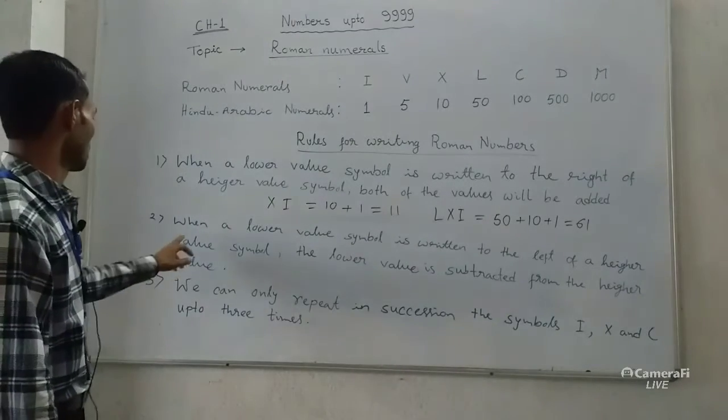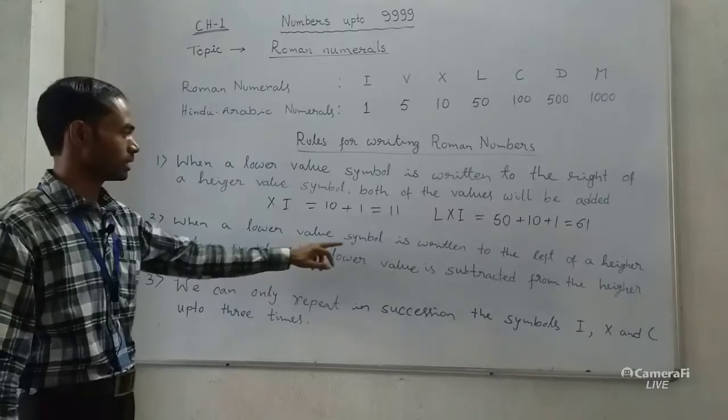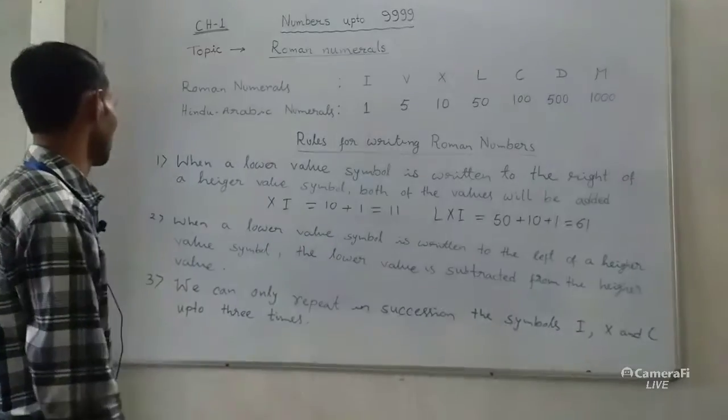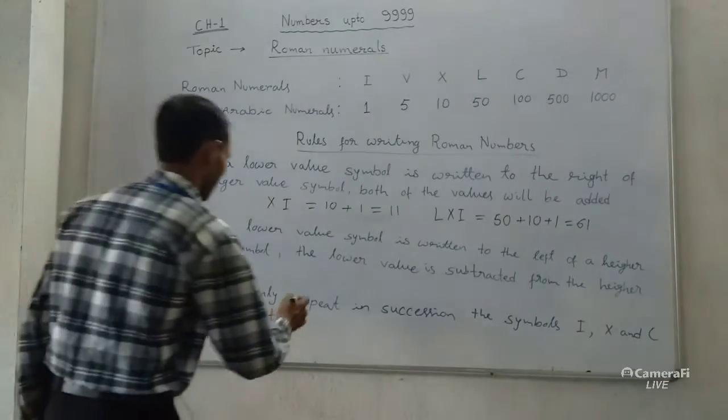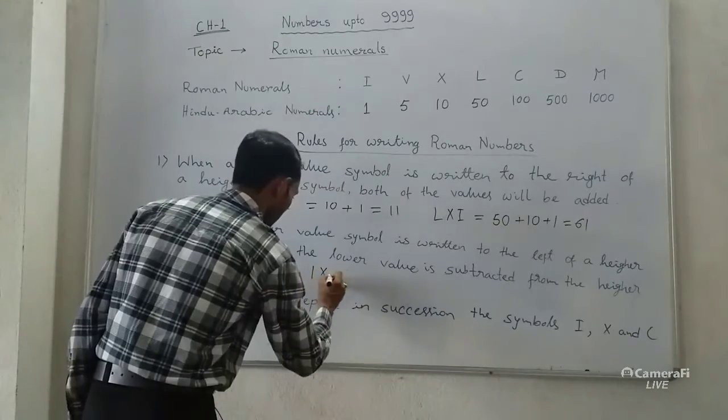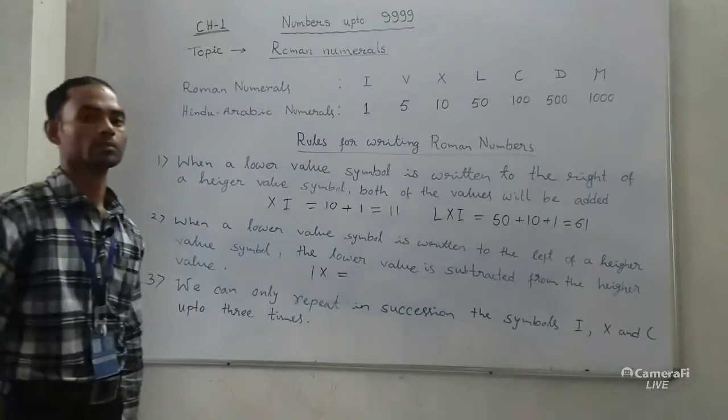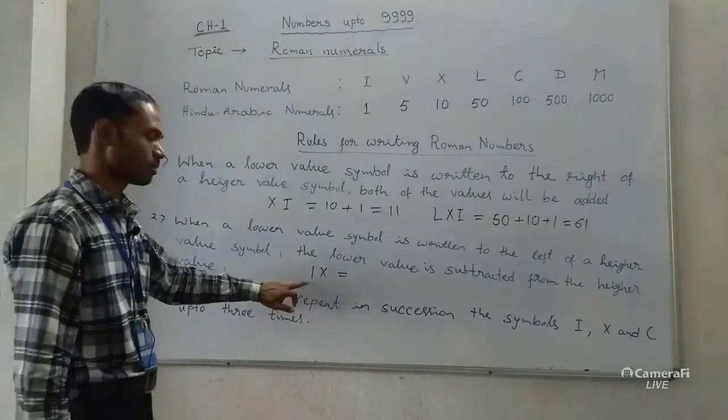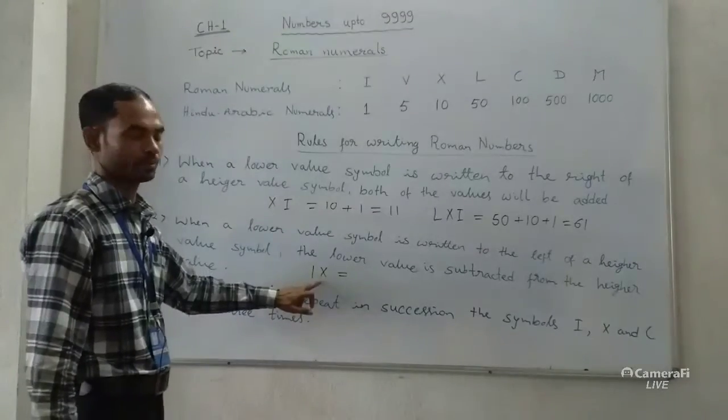Now rule number 2: when a lower value symbol is written to the left side of the higher value symbol, for example IX. So I means here 1, X means 10.